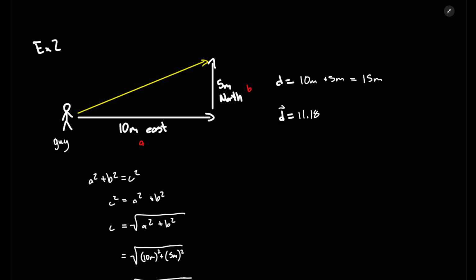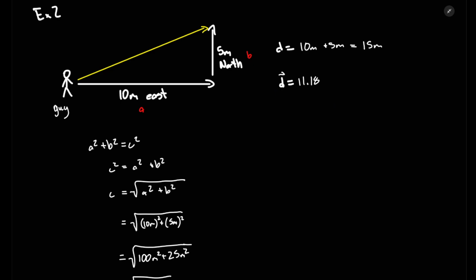You need to give a direction. But how are we going to get a direction here? We're going to do something that you may also recall from a math class. We're going to consider this angle theta.